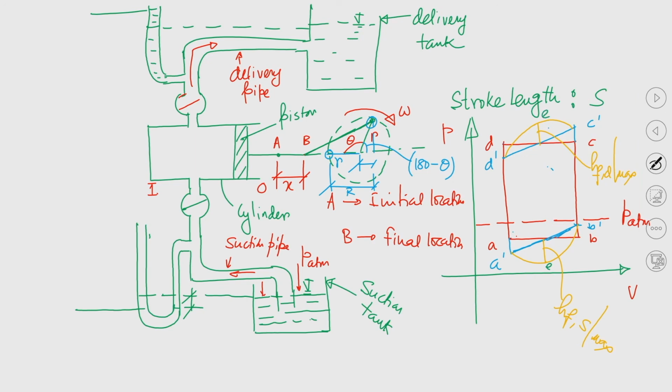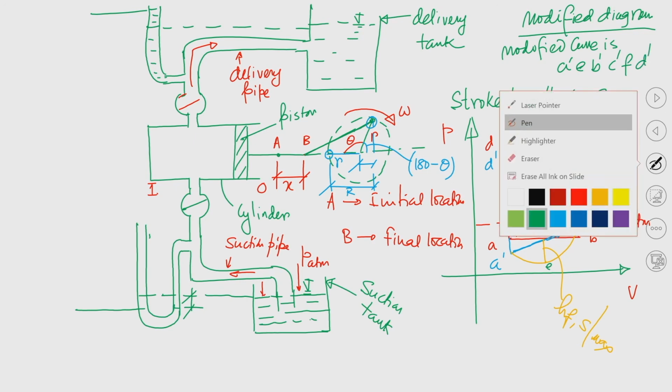So, the modified diagram and modified curve is A prime, E, B prime, C prime, F, D prime.